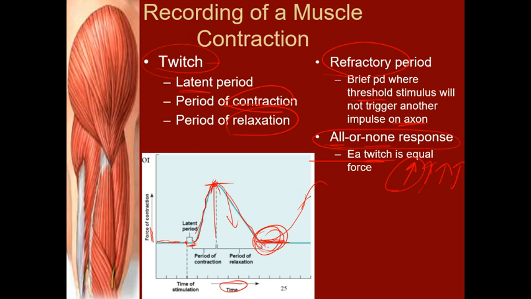You can't press on that handle harder or less to get it to flush a little bit less or a little bit more. It either does it or it doesn't. Once you reach threshold, it's going to flush. If I need more force behind it, I'm going to have to flush it again later, right? And there's that refractory period. You can't flush right away. You've got to wait till it refills and goes through its little period again. So that kind of gives you that point of time for that.